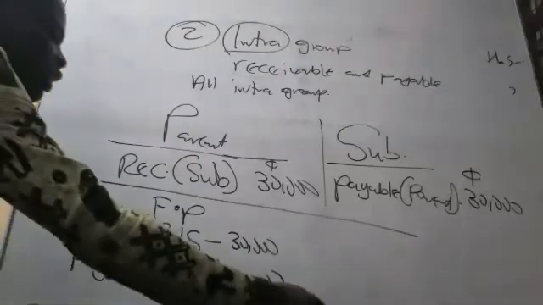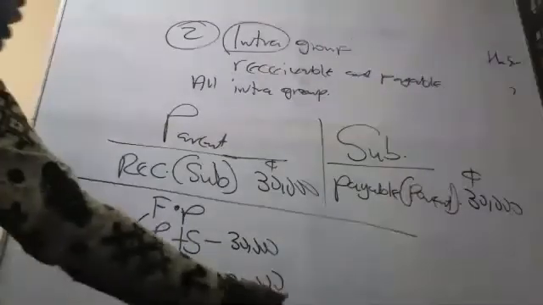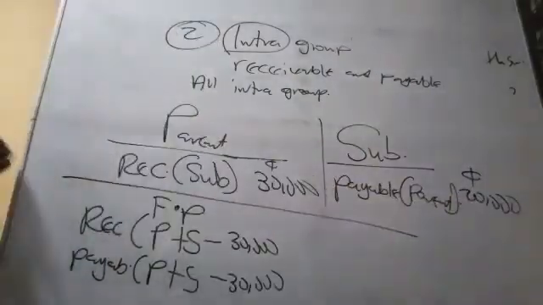And then the subsidiary will say, no way, I don't owe you 30,000. I owe you 20,000. And the parent says, oh, why?